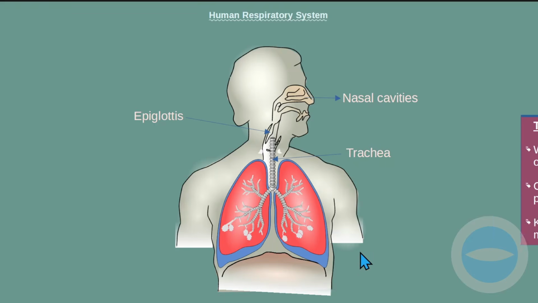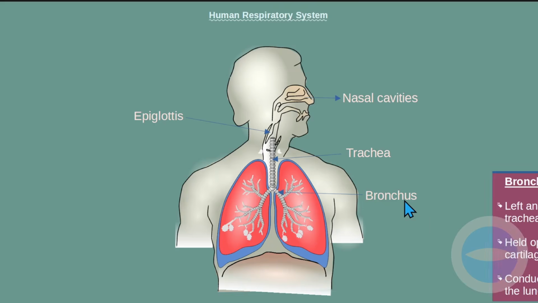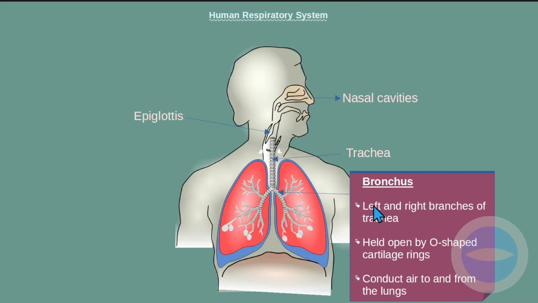And then the next part is the bronchus. So the bronchus is this part here, where the trachea goes down and then branches out into two parts. The bronchi are the left and right branches of the trachea. As the trachea branches out, we call it the bronchus. It is held open by an O-shaped cartilage ring.